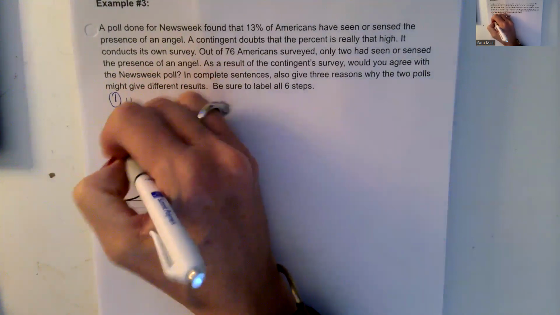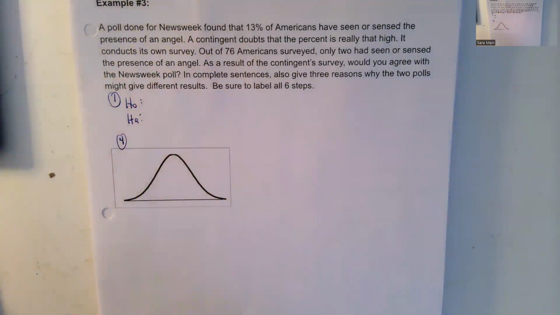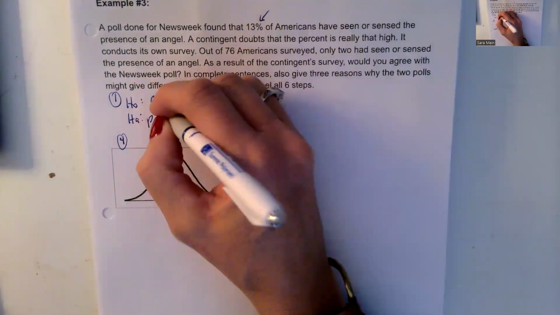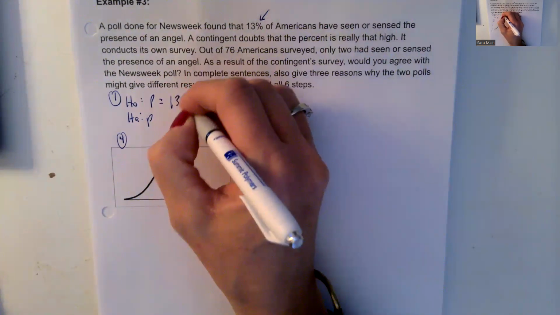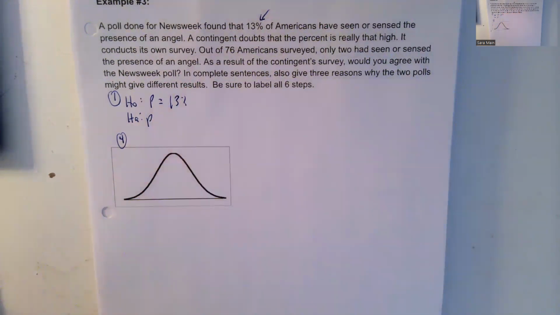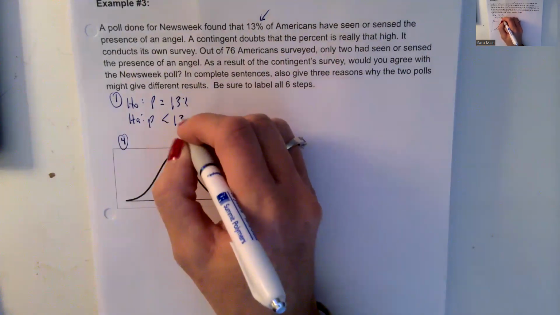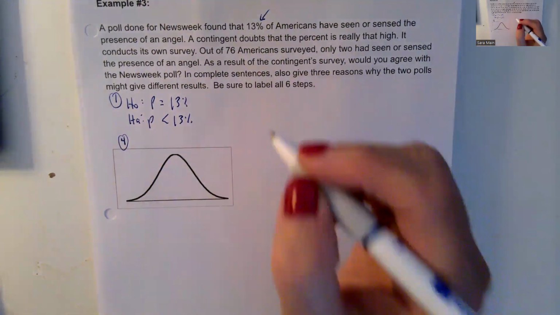So step 1 is our hypothesis statement. Because we are talking about percentages, it's a P. They think it's 13%, but somebody else doubts that it's really that high. They think it's less than 13%. Okay.